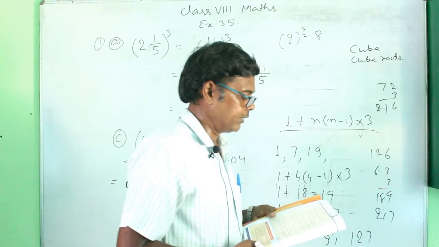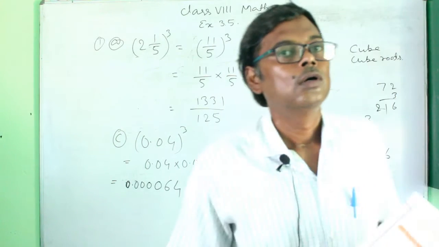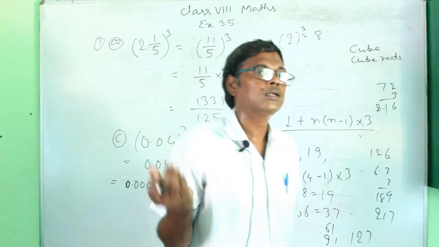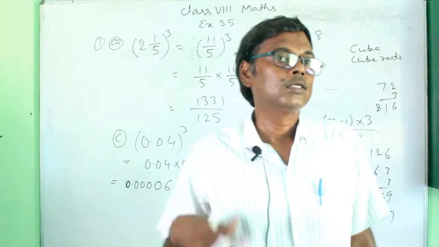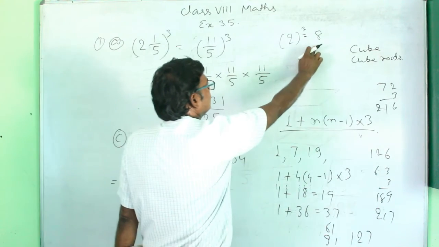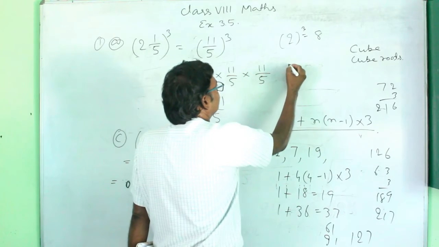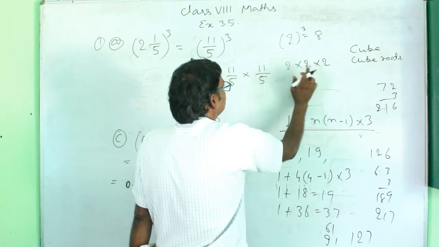Now question number 3: which of the following are perfect cubes? Now what is a perfect cube? A perfect cube means a number that is a triplet of the same number. For example, 8 is a perfect cube because 8 equals 2 into 2 into 2.